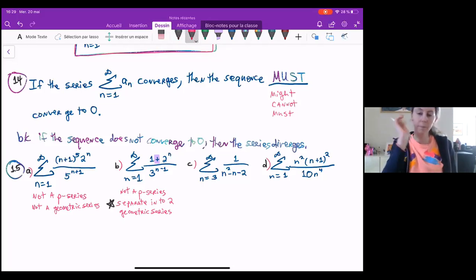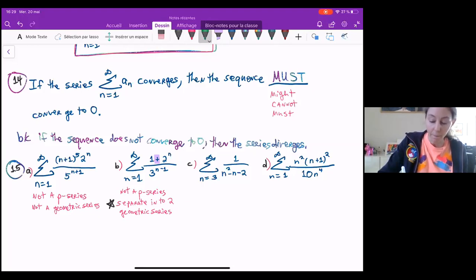Is C a p-series? It looks like maybe it's a p-series, but Parker, you're right, it's not a p-series, because a p-series is literally just a constant over n to the p.